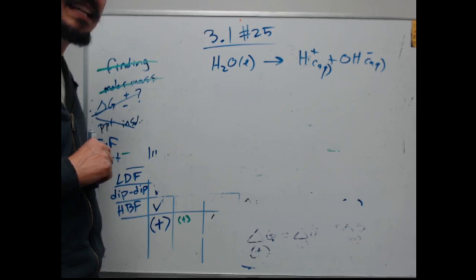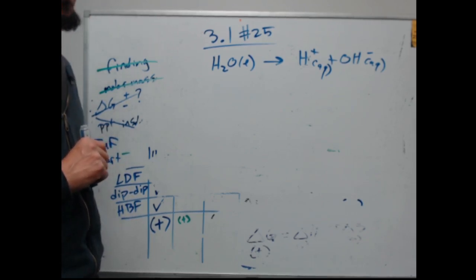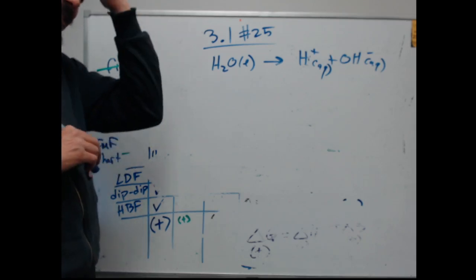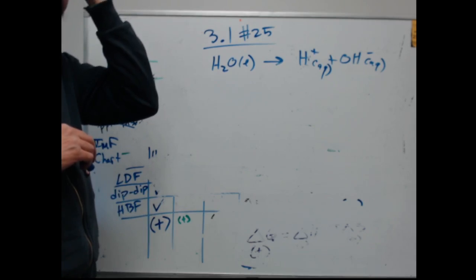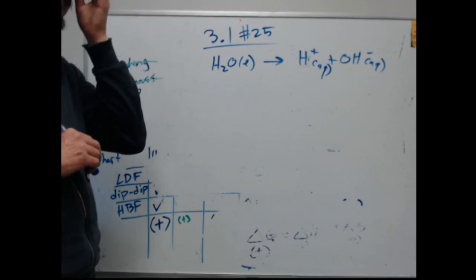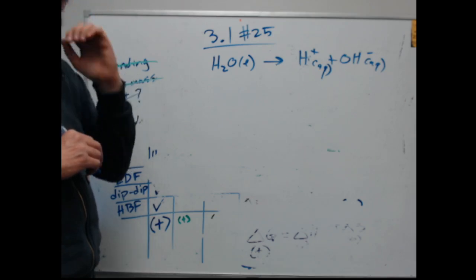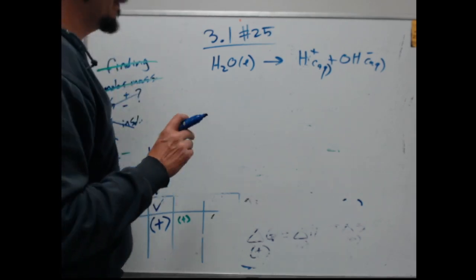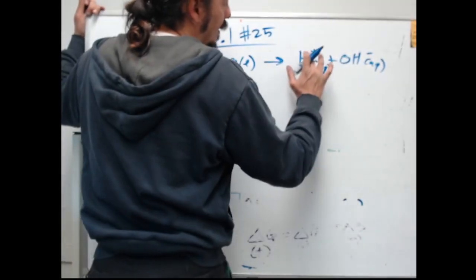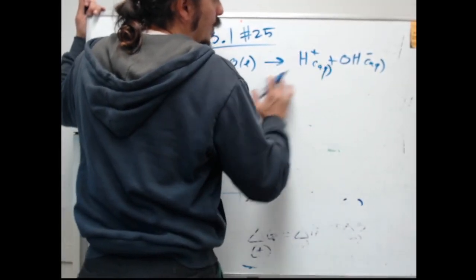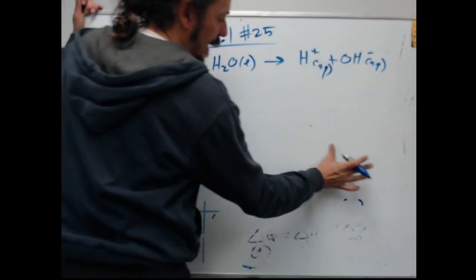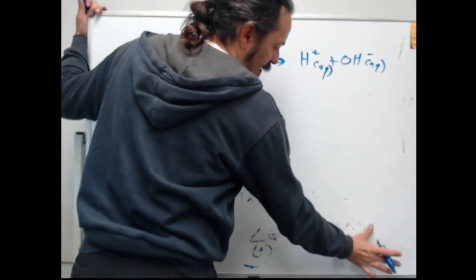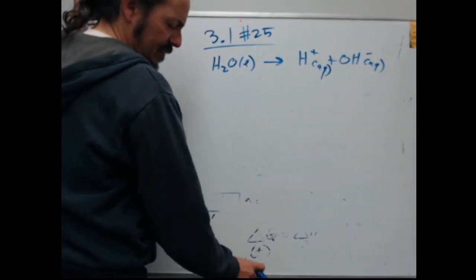Why did you think negative, besides it's a 50-50 guess? I did kind of guess, but I guess it's like breaking apart into ions, so it's like releasing energy. Yeah, there's a couple different things that we can think about for what's going on here. It's a little bit tricky. Does it give us any more context?